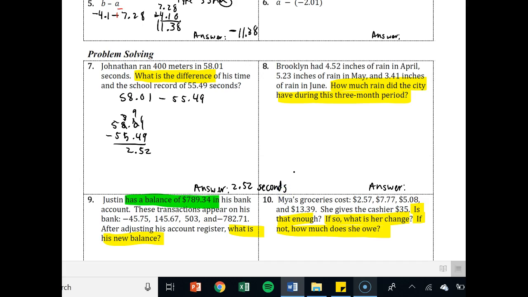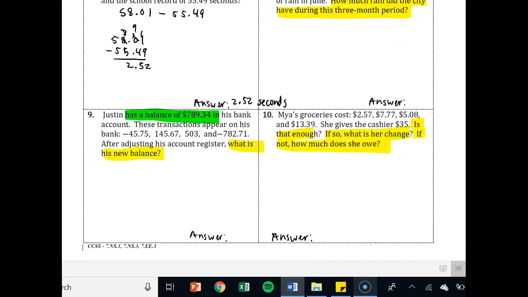All right. Number 9, Justin's bank account has $789.34. Then these transactions appear. What is his balance? So obviously it's 789.34 plus a negative 45.75 plus 145.67 plus 503 plus a negative 782.71.